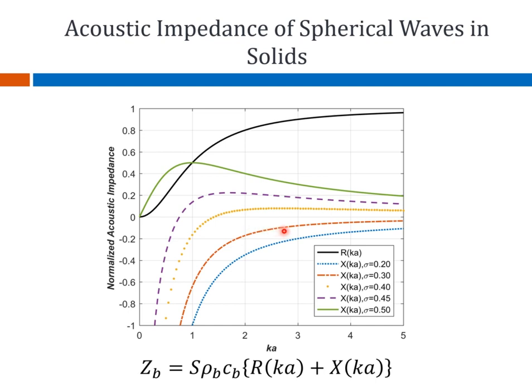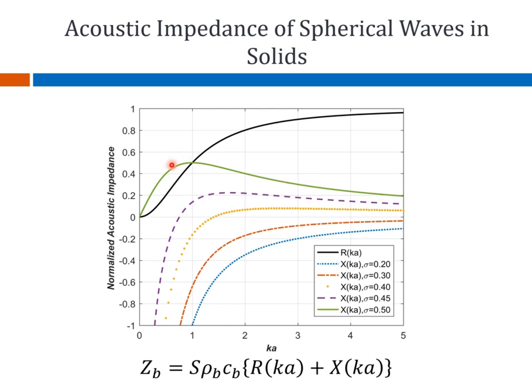As a counterpart, for Poisson ratios of 0.5 for fluids like water and oil, the reactance stays positive. It has an inductive behavior with a series resonance, but it stays positive throughout the frequency band of interest.